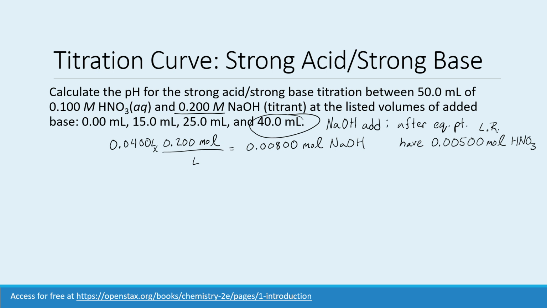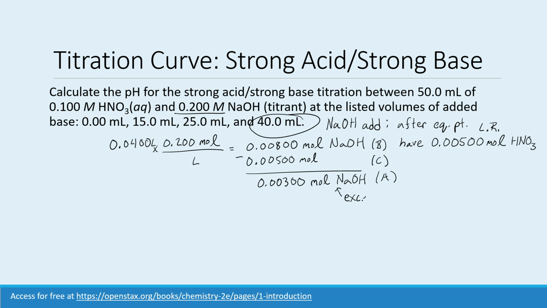All of that nitric acid is going to react. That's our limiting reactant. So this would be the before of the sodium hydroxide, and then the change will be the 0.005 that reacts with the acid, leaving you with 0.003 moles of your sodium hydroxide. That is the after, and that is the amount of excess reactant that you have.